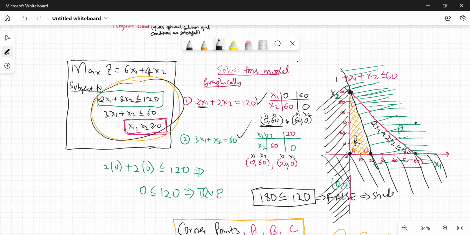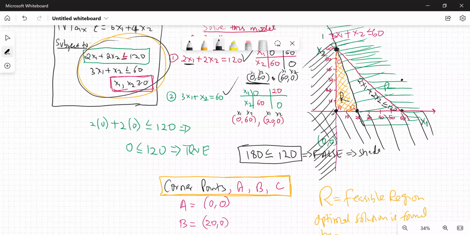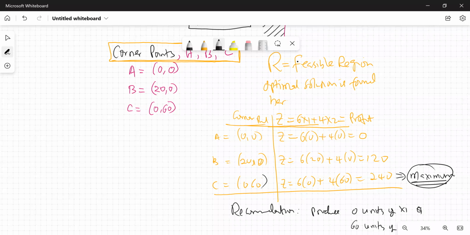You can just choose 0 as your convenient point for checking where to shade, because when you substitute 0 here and 0 there, you will know. It is easier than substituting other values. That's basically the procedure, and that's how you identify the optimal production level. So any question there?